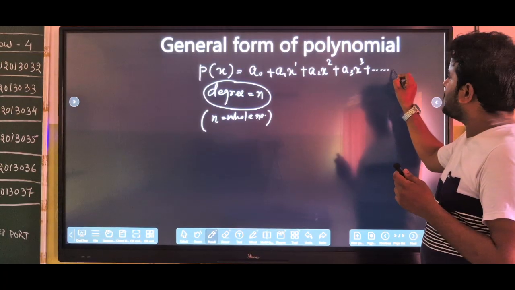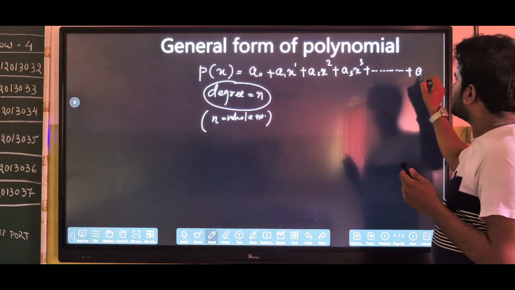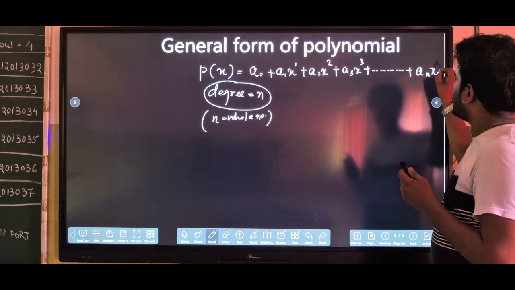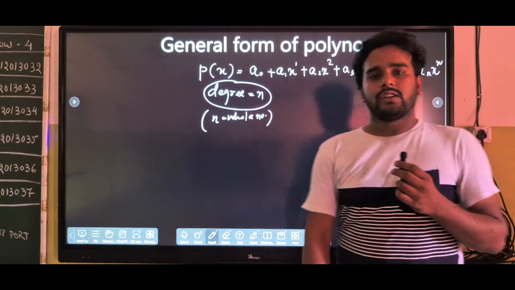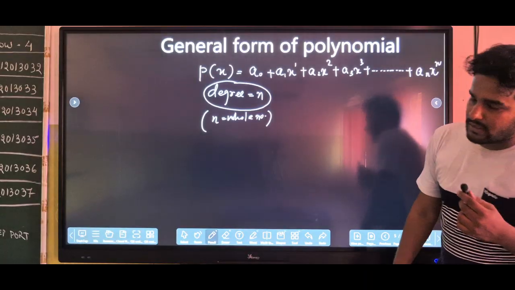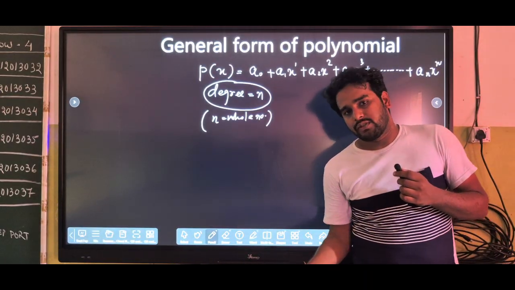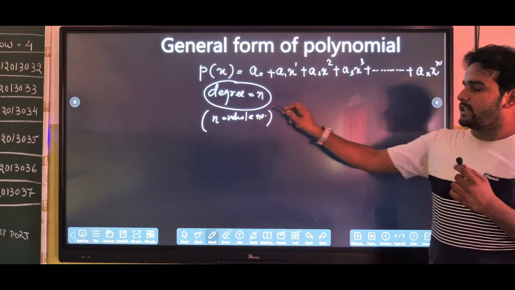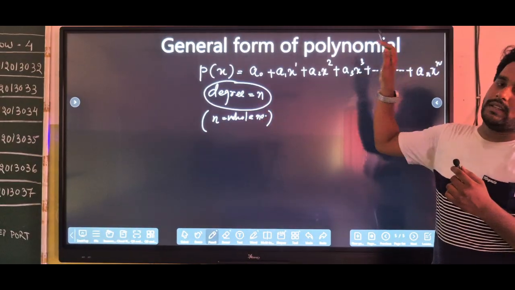Then I will go to last term. What will it be? an x to the power n. a naught plus a1 x to the power 1, a2 x to the power 2, a3 x to the power 3, a4 x to the power 4, a5 x to the power 5. Gradually, as it is degree n, so it is x to the power n.